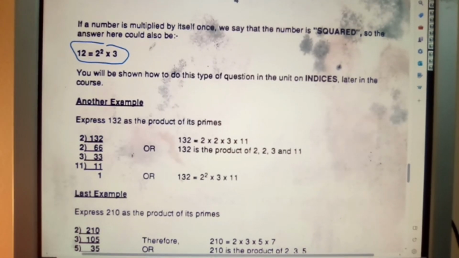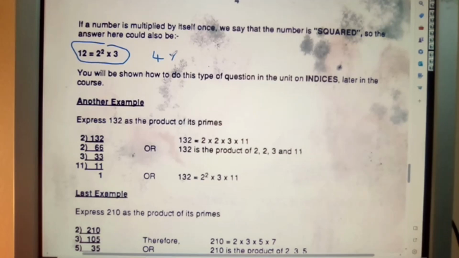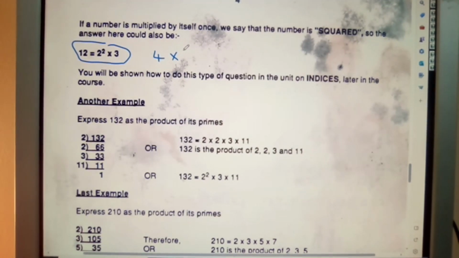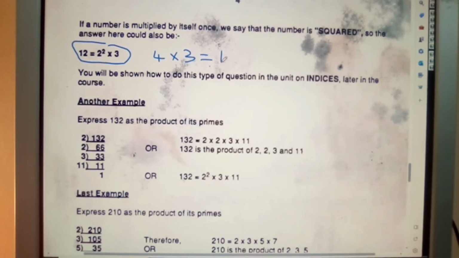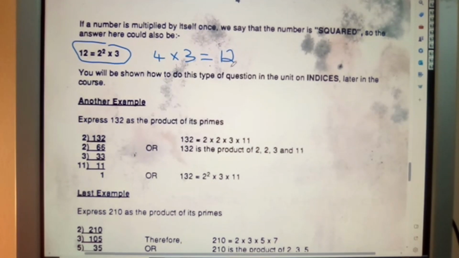So if it's squared, you're going to get 4 times 3. Okay? And that is equal to 12. Okay?